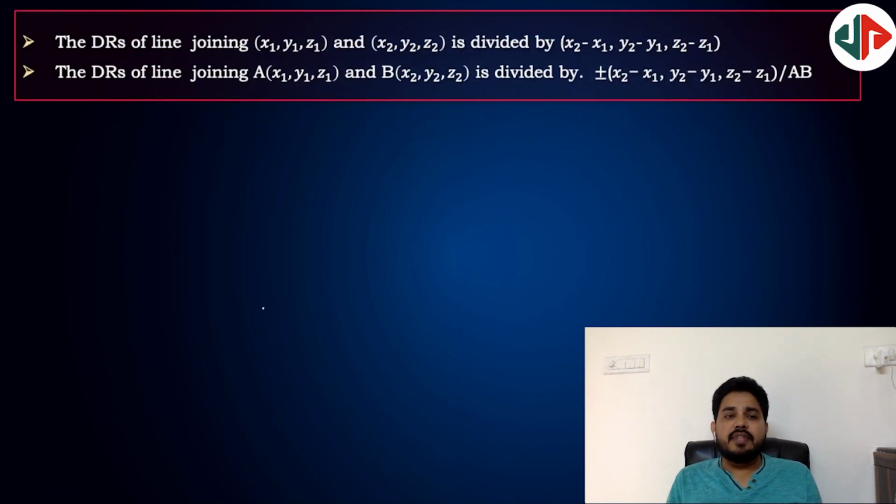So the DRs of the line joining x1, y1, z1 and x2, y2, z2 is given by x2 minus x1, y2 minus y1, z2 minus z1.